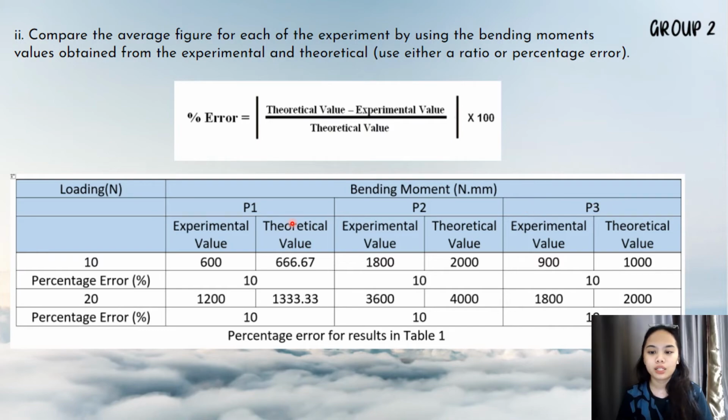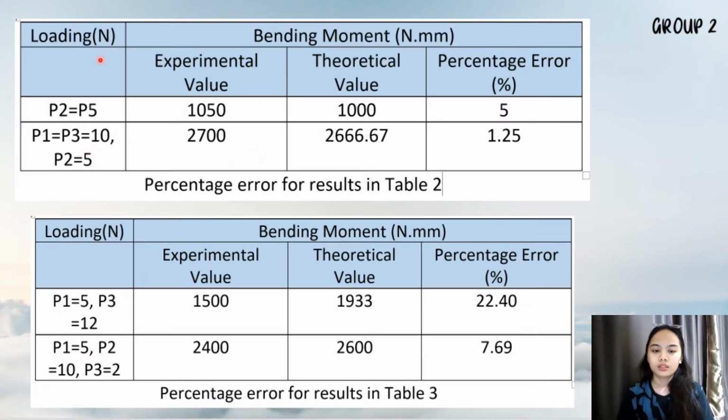In P3, when the loading is 10 Newton, the experimental value is 900, the theoretical value is 1000, and the percentage error between these two is also 10%. When the loading is 20 Newton, the experimental value is 1800, the theoretical value is 2000, and the percentage error between these two is also 10%. So this is the percentage error for results in table 2.